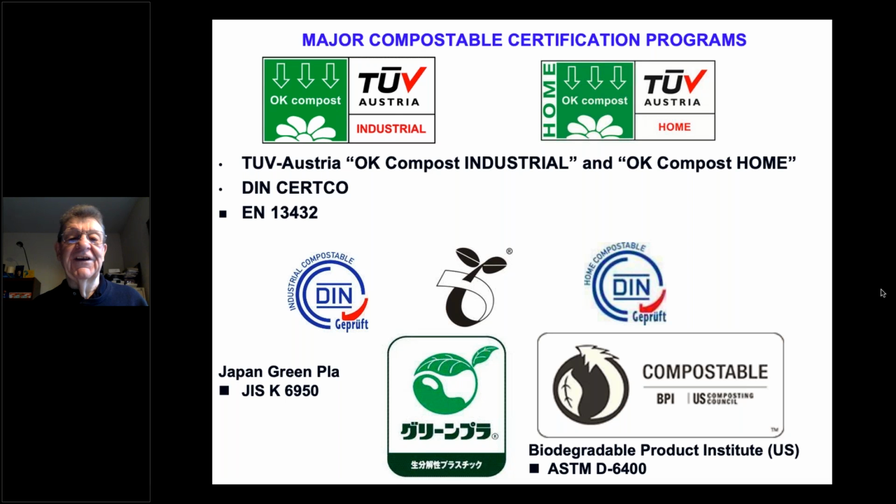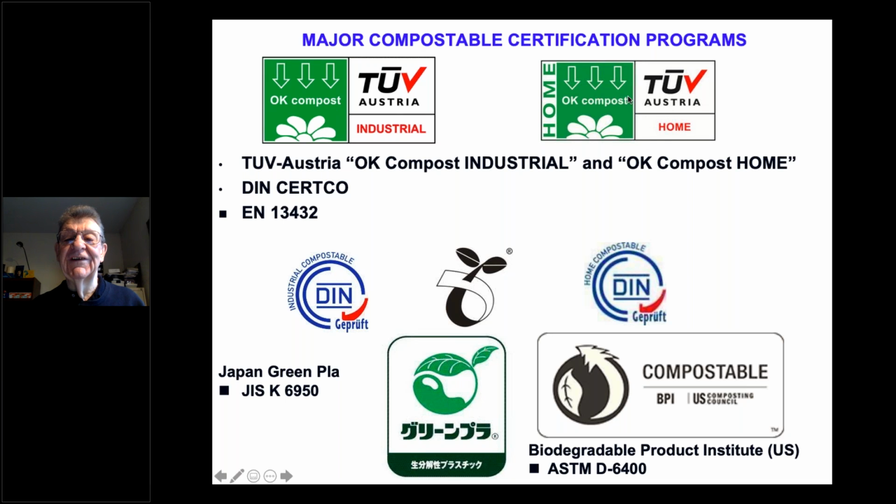Here's some certification logos for industrial composting for EN 13432, which is the standard in Europe, from TUV and DIN in Germany, and also GreenPla in Japan, and ASTM D6400 in the US, although most of the US testing is actually done by DIN now.